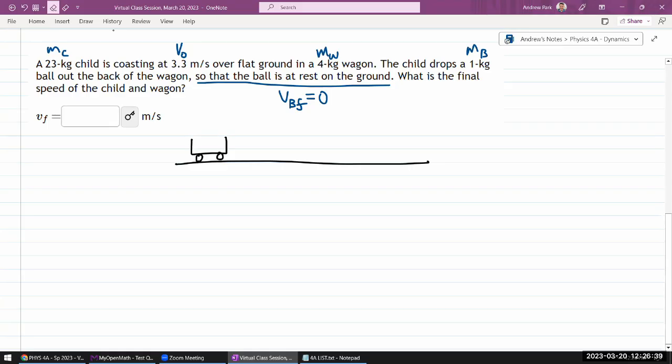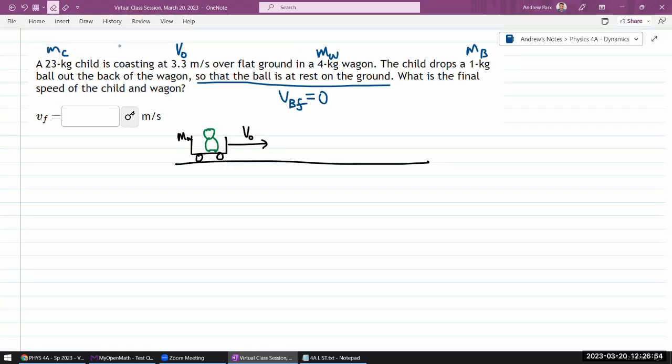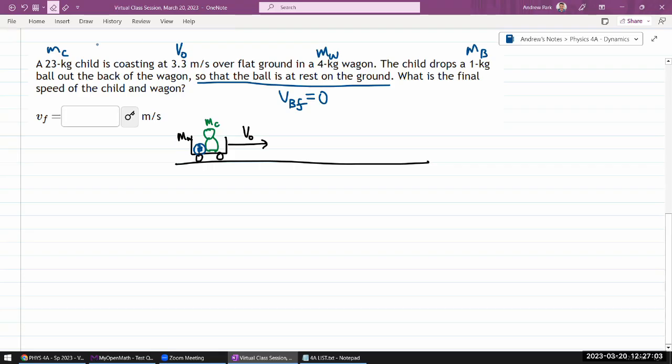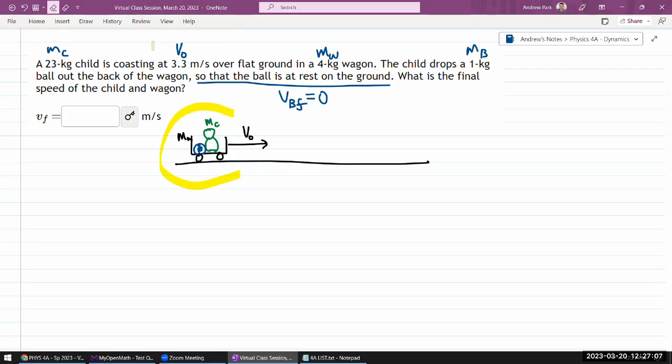We have the wagon, so let's call this mass of the wagon, which is traveling at some speed v naught. And inside that wagon, we have a child with the mass of the child, and we have a ball. And so this is the picture that we are starting from.